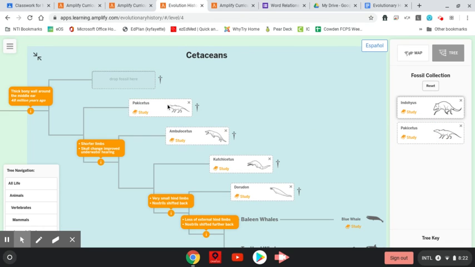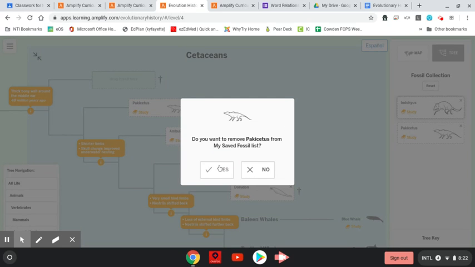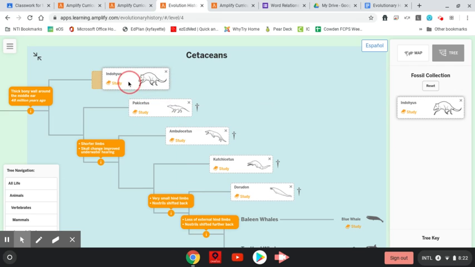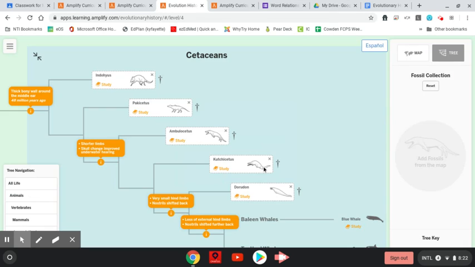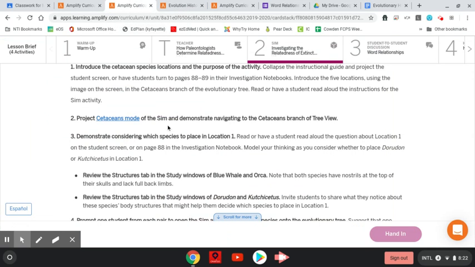Let's take a look. Yep. So that only leaves this guy for the last one. Alright. So there we have it. There's your simulator. Alright. Back to our assignment.